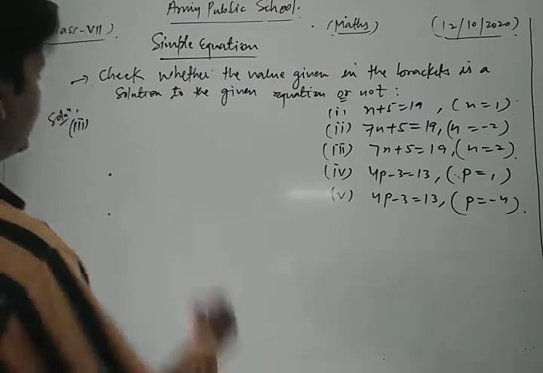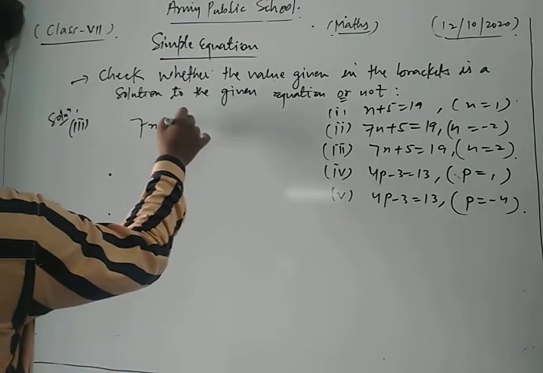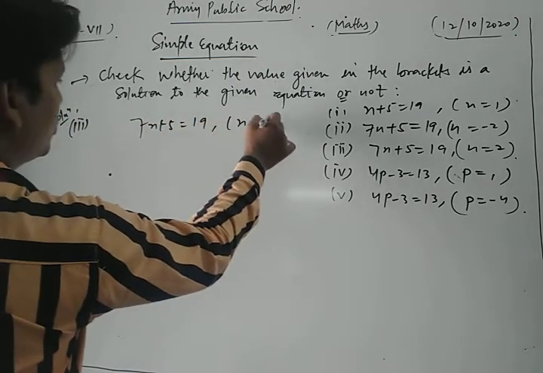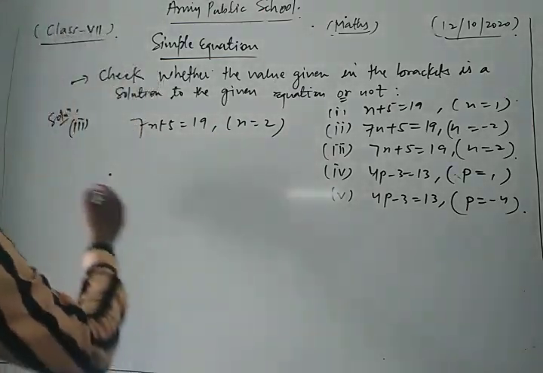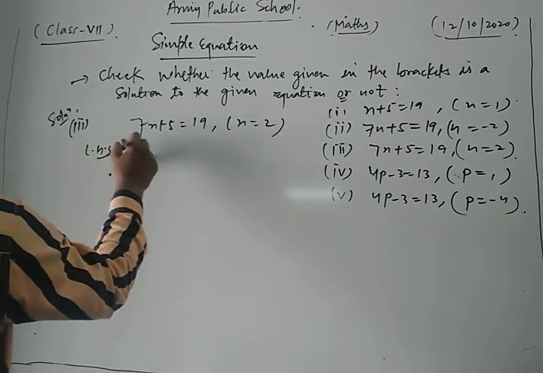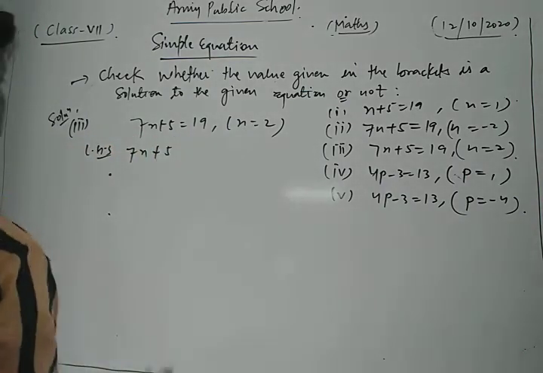The third part is given as 7n + 5 = 19, where n = 2. Now we apply the same process. We take the LHS, which is 7n + 5.